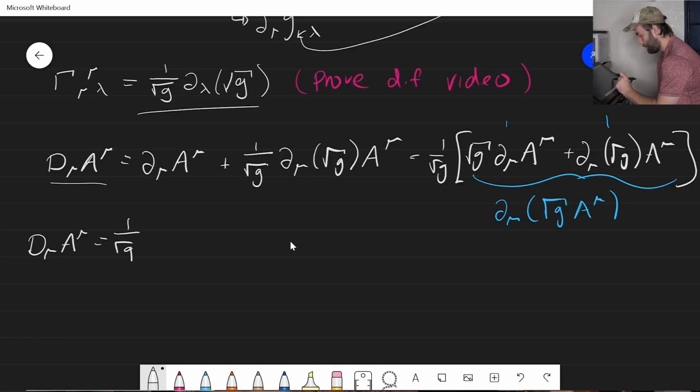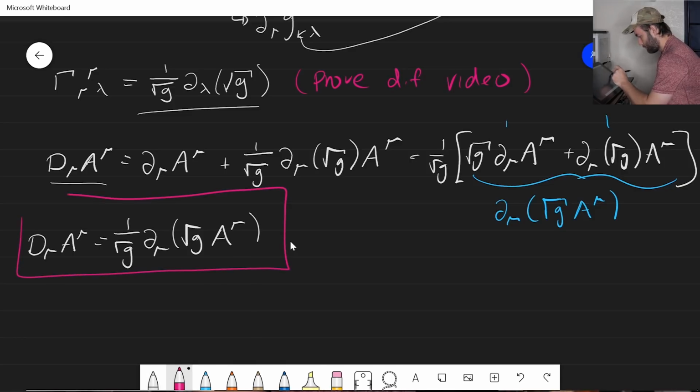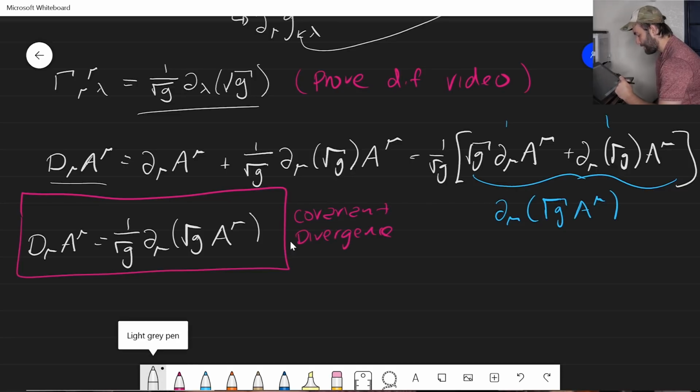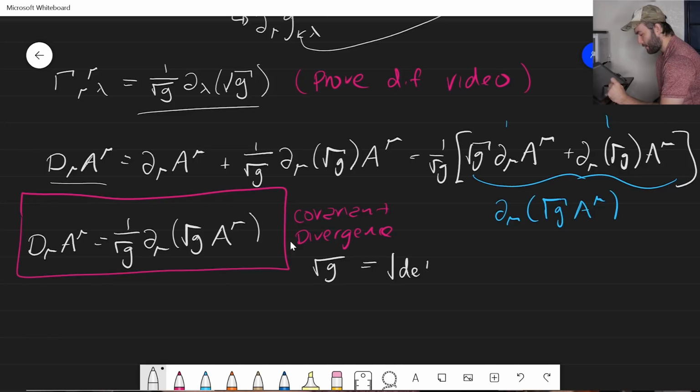Okay? So our final expression for the covariant divergence can be expressed: d mu a mu is equal to 1 over root g d mu root g a mu. There we have it. That's the covariant divergence. And I didn't specify it in this video: this root g is equal to the root of the determinant of the metric.